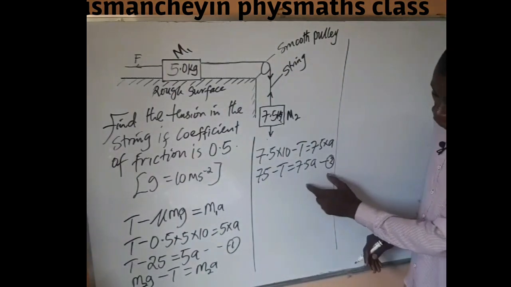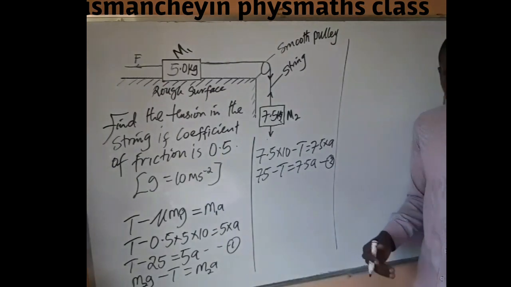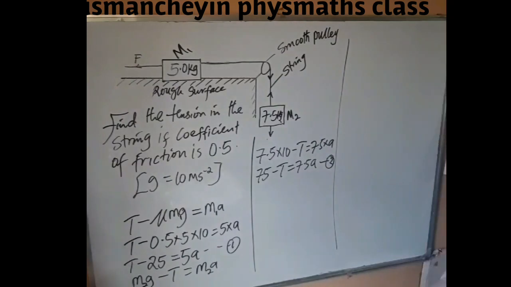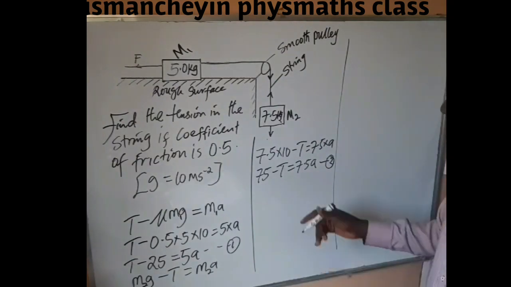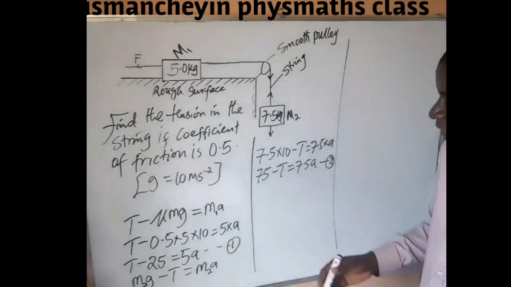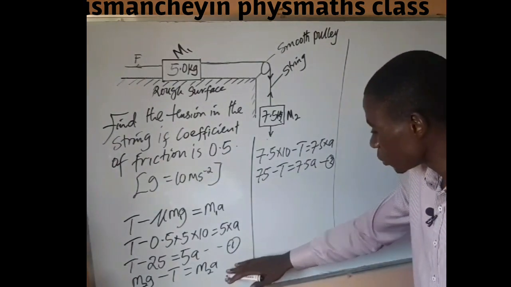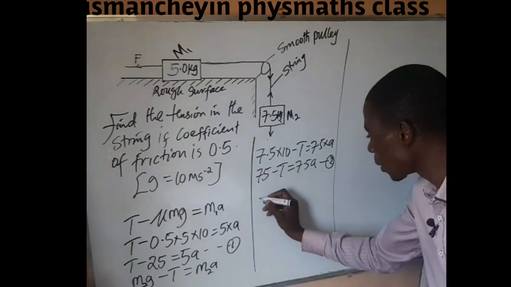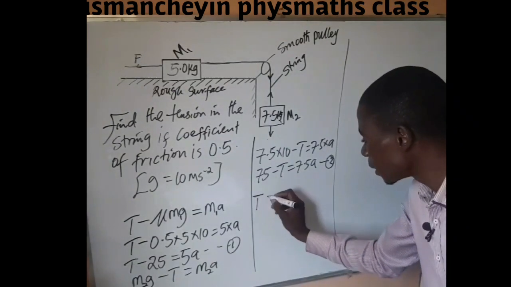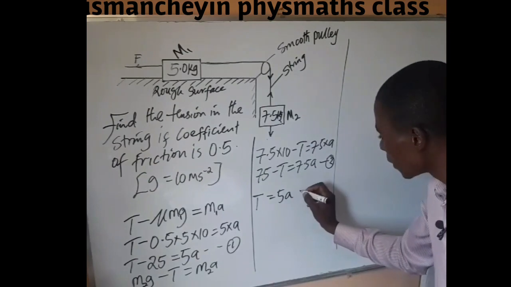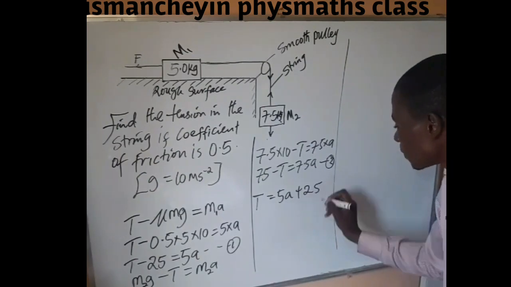So if this is equation 2 and this is equation 1, it will be very easy for us to solve. What we're going to do is make T the subject in both equations. Considering equation 1, T is equal to 5a plus 25.